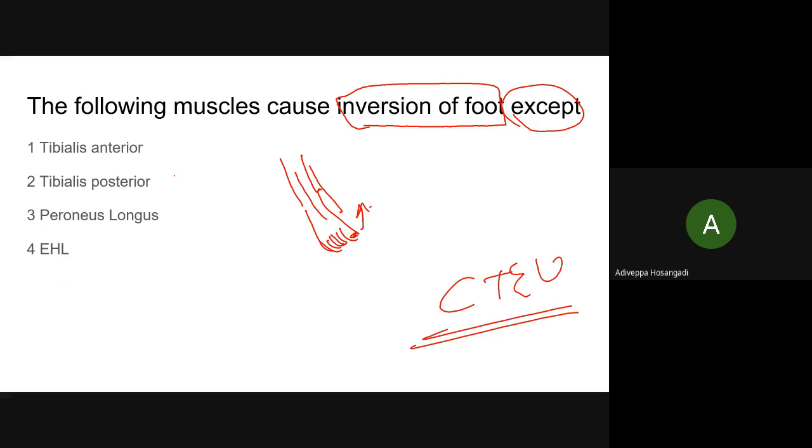So tibialis anterior, yes. Tibialis posterior, yes, on the medial side. Peroneus longus is the wrong one, so that is the answer. EHL is again correct. Very good.